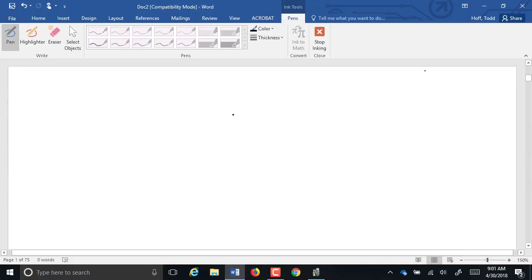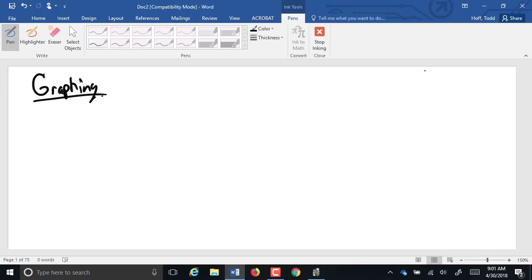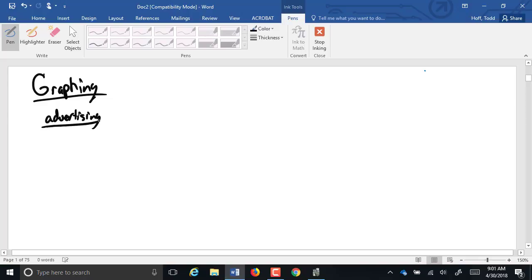So then the next thing we want to look at is we want to start graphing. What graphing really is all about is there are a lot of cases where we have two numbers that go together. It might be looking at advertising dollars spent for a period and sales for the period.